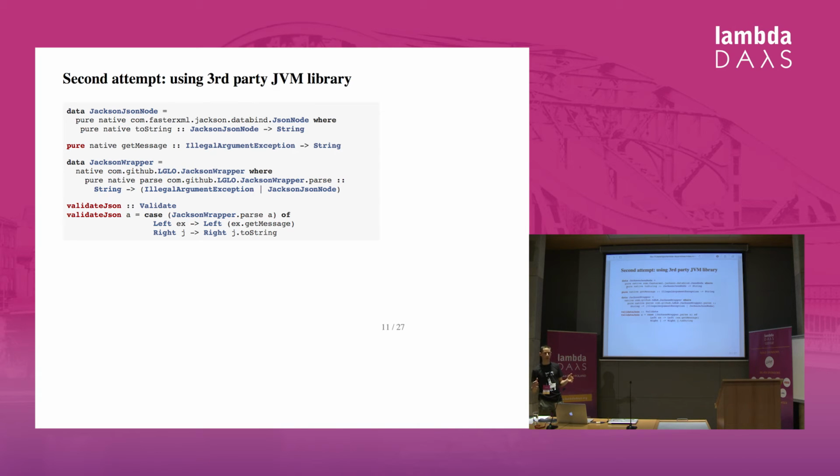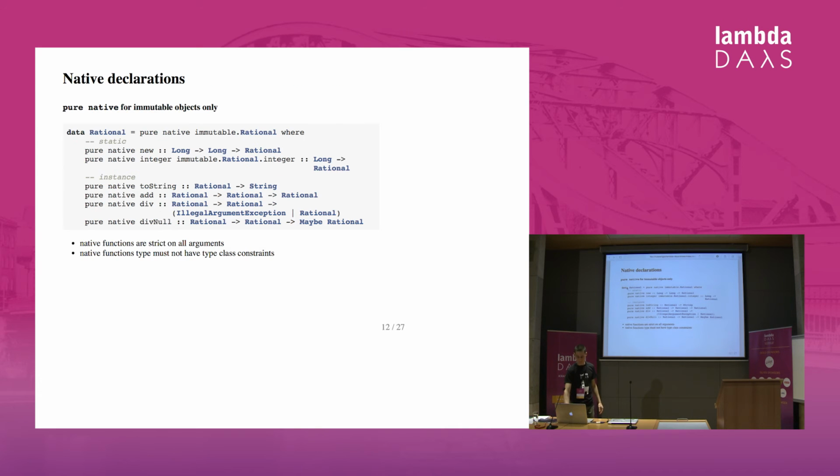So in the output to the user, I will present a string finally. And in case I had this JSON node, so the parse was okay, I just used the toString method from this JSON data type. So differences are very, very small.